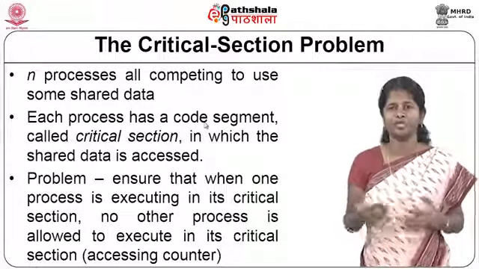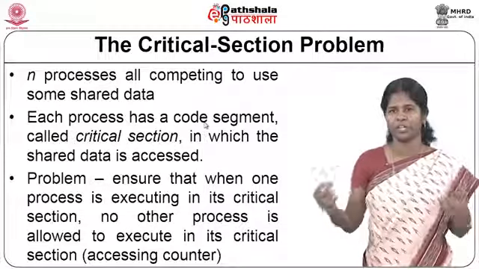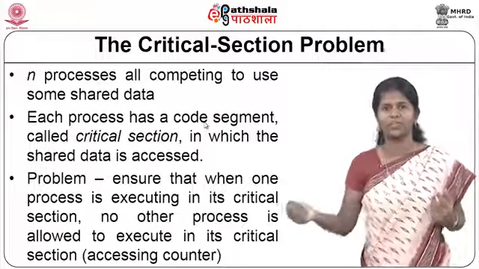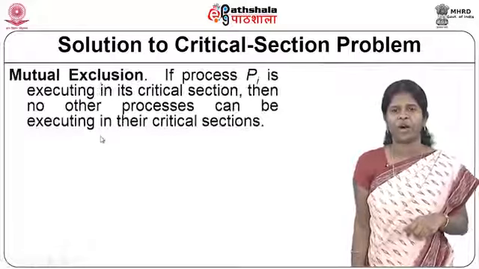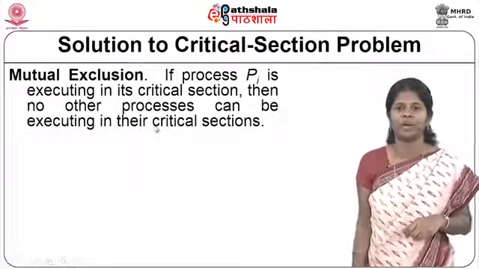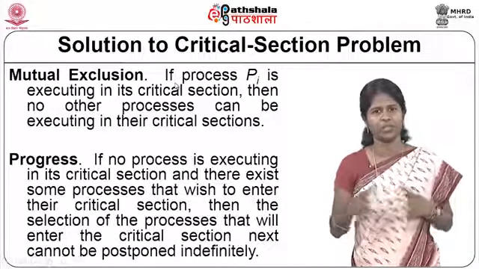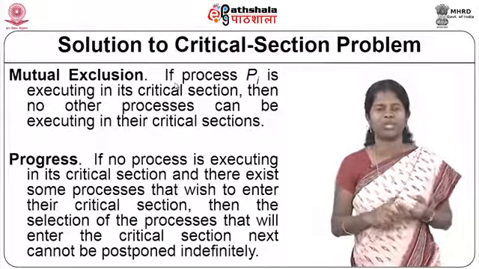So this is the critical section problem, where you have a critical section of code for each process, and when one process is executing in its critical section, the other process should not be allowed to execute its critical section. So how do you have a solution to a critical section problem? When you are looking at a solution, there are three different things that you need to look at.